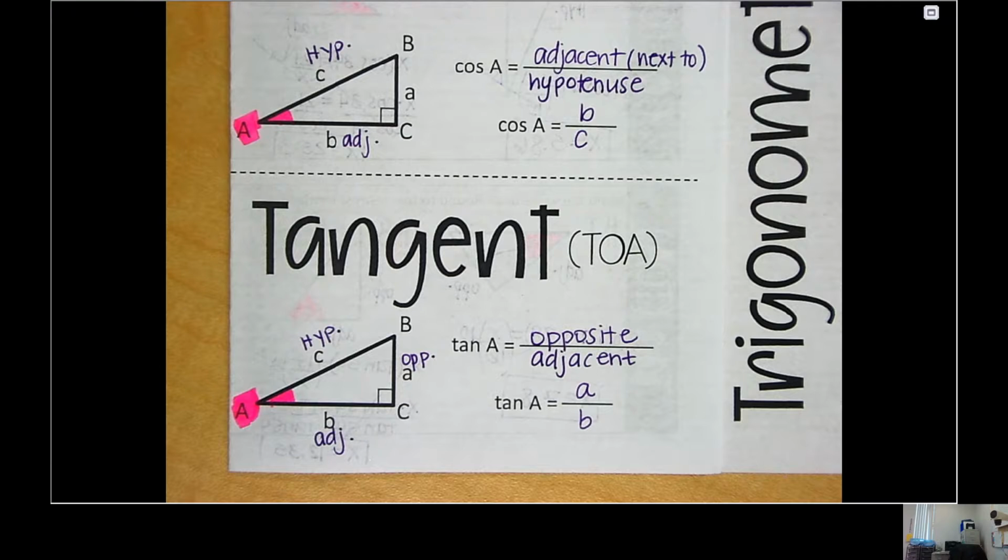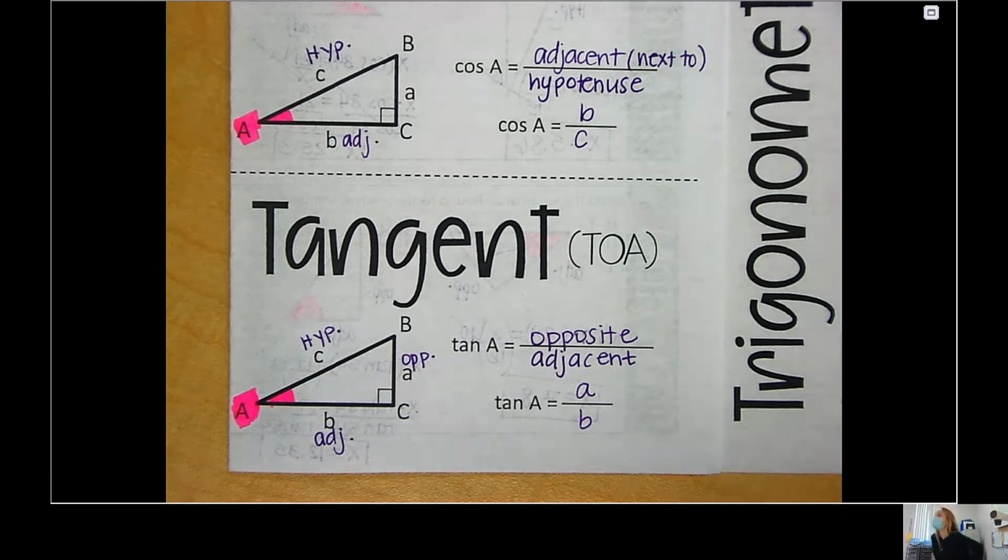It's opposite over adjacent. So what you're going to notice is at the top of every single paper I do, I write this little mnemonic device, Sohcahtoa, so that I can remember which fraction's which, so I don't have to go back to the foldable every single time. Okay, so it's kind of like your little cheat sheet of what to use and when.